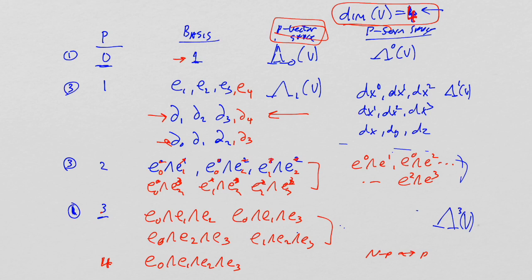So that's yet another piece of review about the basis vectors. And then the other thing to remember is an arbitrary member, let's say Q, if Q is an element of the pth exterior power.